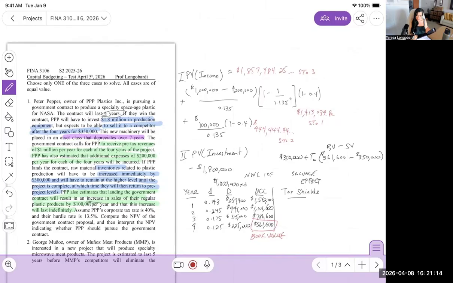And this is all going to happen at time 4, right? So we need the present value of that amount. So we need to divide this by 1.135 to the power of 4, because this is discounting, right? 1 plus i to the t. And we have to go back 4 years.